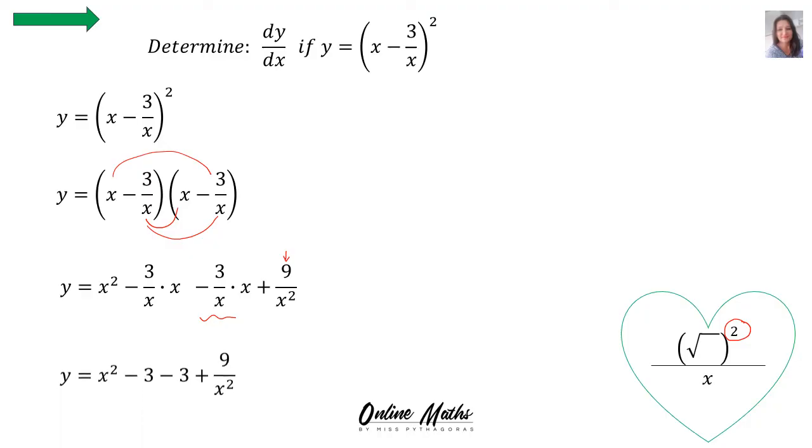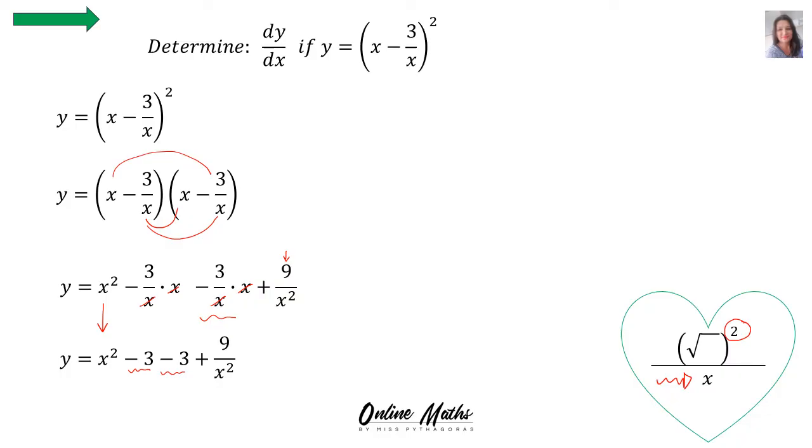Then in the next step, the x squared you will just carry down. And here the x and the x will cancel and you're left with minus 3. On the third term, x and x will cancel. You're left with minus 3. And then on the last term, if you want to differentiate, remember, you cannot differentiate if there's an x under the line.